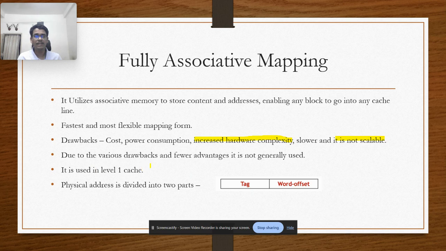At lower levels, meaning a smaller cache like the level 1 cache, fully associative mapping can be efficiently used, while in the rest of fields, it is not generally used. The physical address of fully associative mapping is of the form as seen here, the tag and the word offset. The tag is again stored in the cache memory.